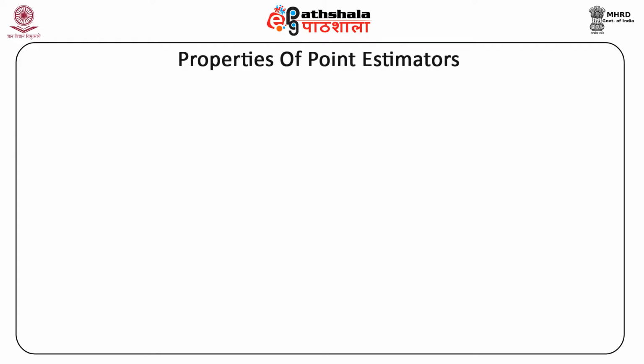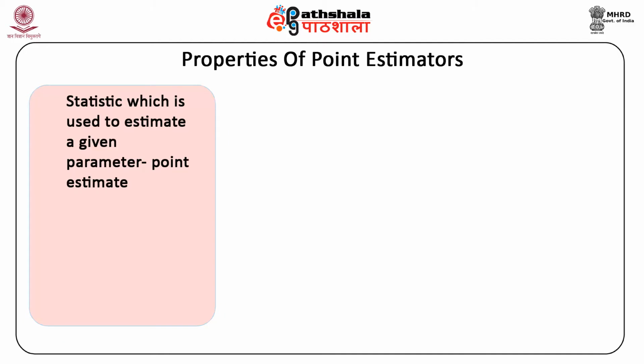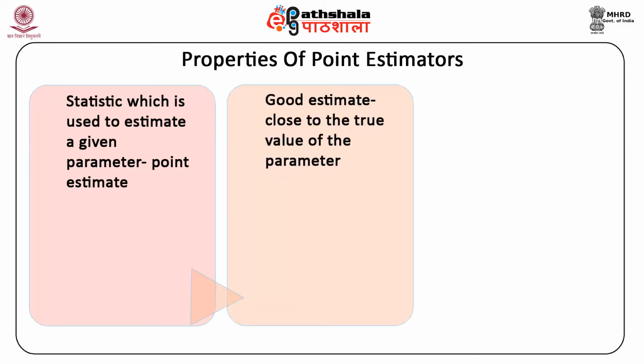A particular value of a statistic which is used to estimate a given parameter is known as a point estimate or an estimator of the parameter. A good estimator is one which is close to the true value of the population parameter in the underlying population.